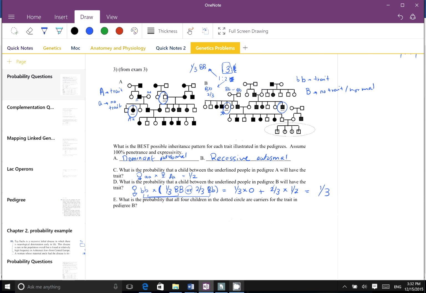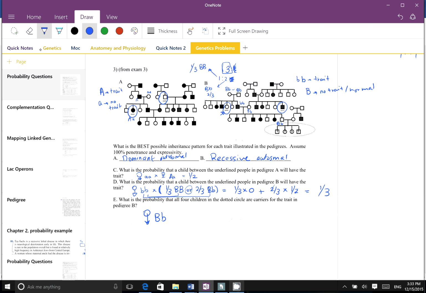So we look at their parents. First step is, if I look at the father again, let's look at the father's parents. His dad has both traits. His mom is a carrier for the trait which explains why some of his siblings have the trait. It just means that he got uppercase B from his mom and then the lowercase from his dad, so I definitely know his genotype.